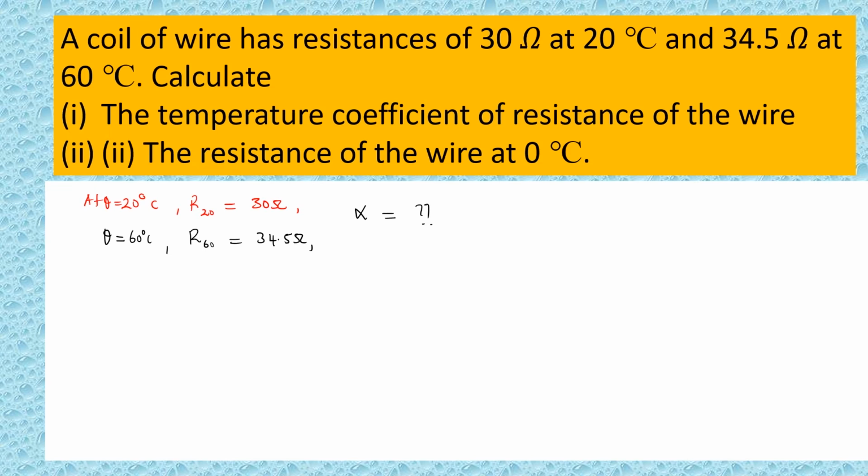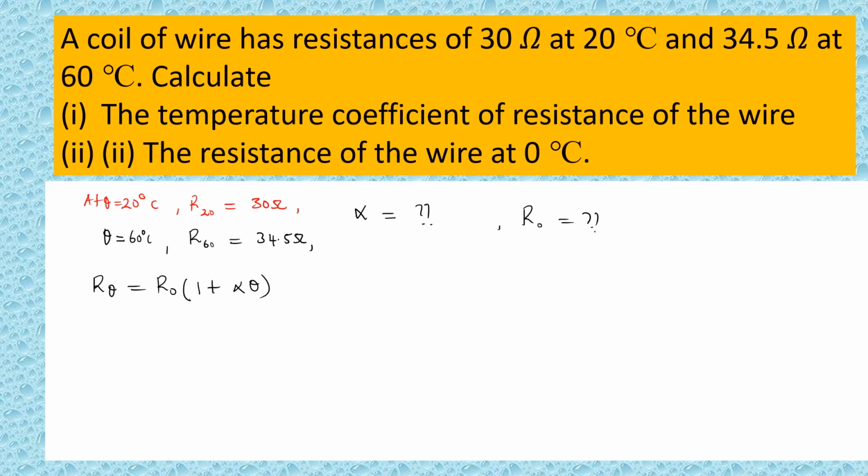We know that from this equation, R theta is equal to R0 into 1 plus alpha, which is the temperature coefficient of resistance, times the temperature. Now, for the first case, when the temperature is 20 degrees Celsius, the resistance is 30.